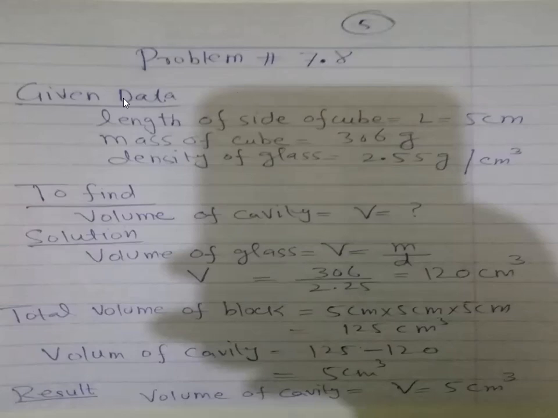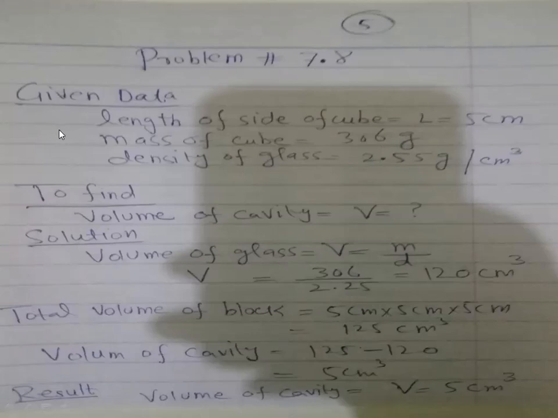First of all, I read the given data on page number 166. The numerical number is 7.8. The length of the side of the cube is given to me, L, which is 5 centimeter. The mass of the cube is also given, 306 gram. And the density of glass is also given, which is 2.55 gram per centimeter cube.